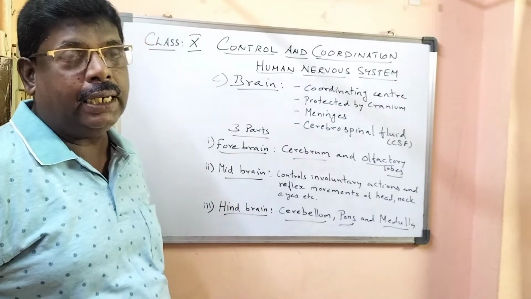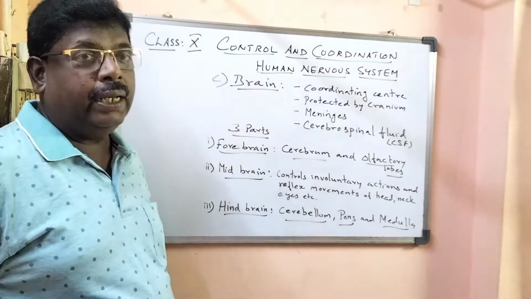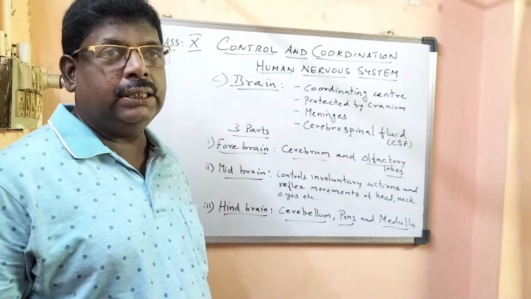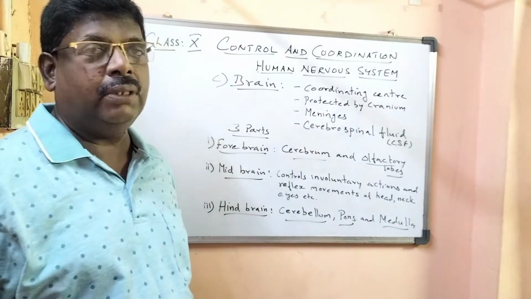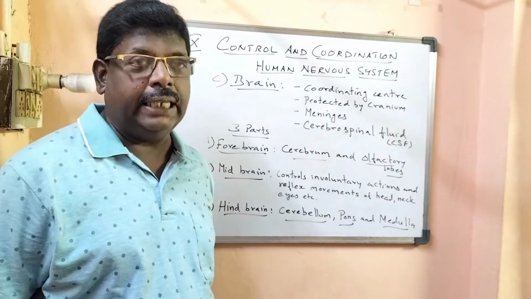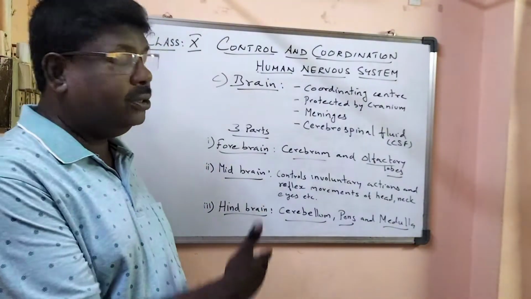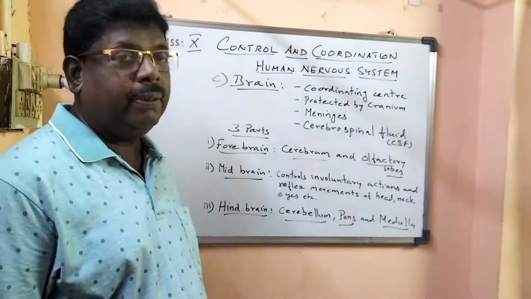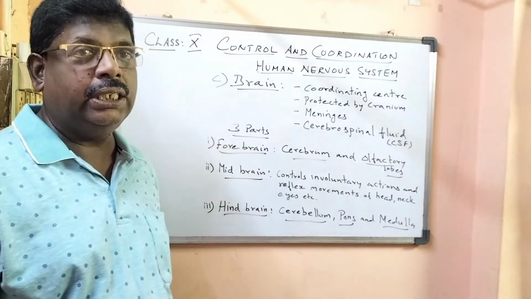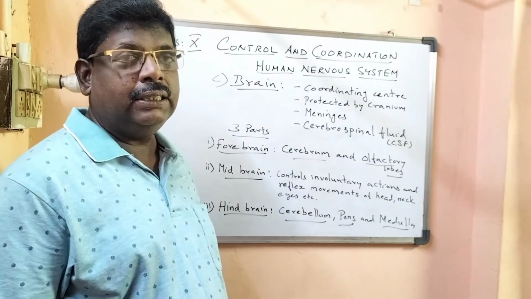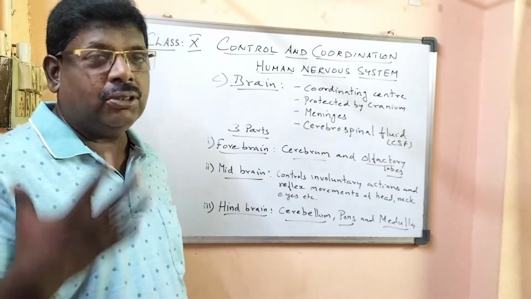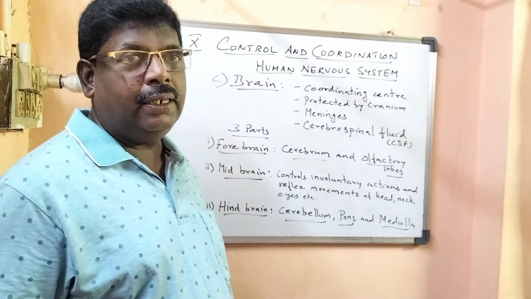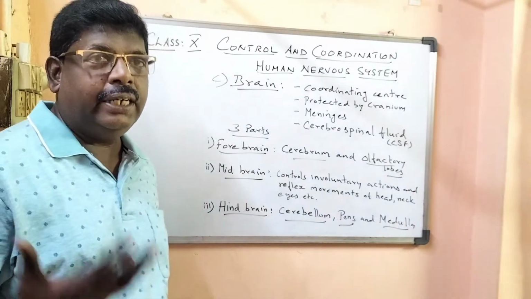Forebrain, midbrain, and hindbrain. In the forebrain, we have the cerebrum and olfactory lobes. Cerebrum is the largest part of the brain. Its functions are voluntary, and it is concerned with almost all the receptors: touch, taste, smell, sight, hearing.